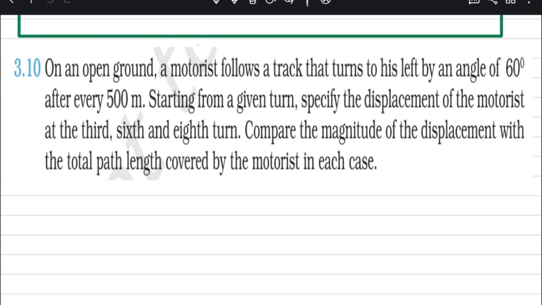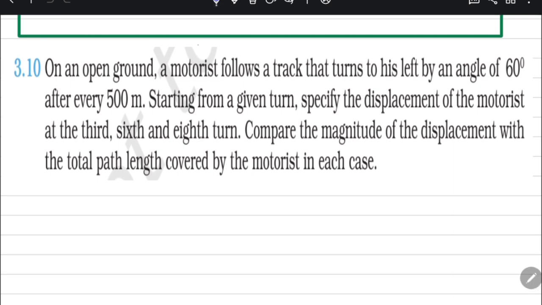I already solved all the solved examples in the previous videos, and in today's video we are going to solve the exercise problems that are very important and may come in future competitive examinations. So shall I start our question session?